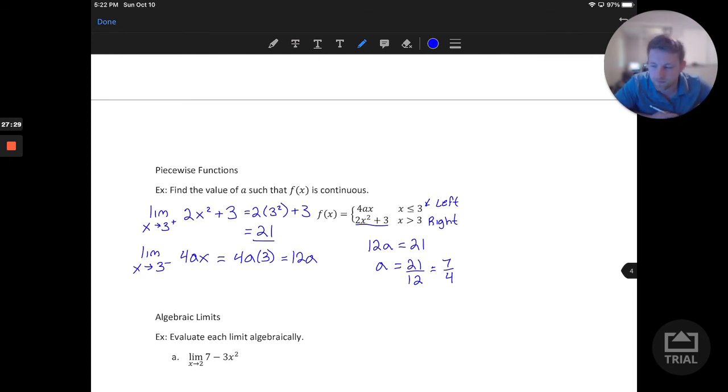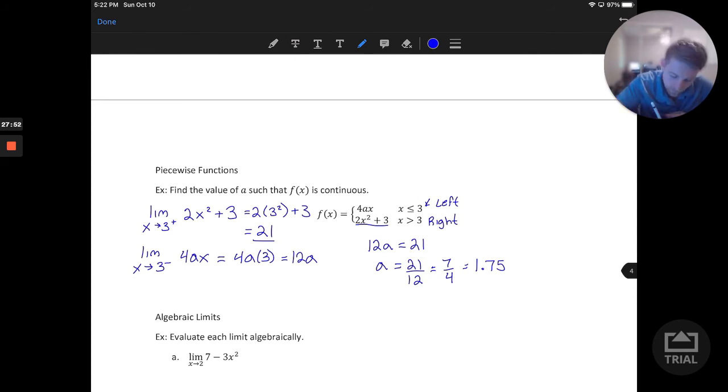So 7/4, or if you would prefer a decimal, you could write that as 1.75. So this is the a value that's going to force our limit to exist. And if we look a little closer, this is also going to determine our functional value.